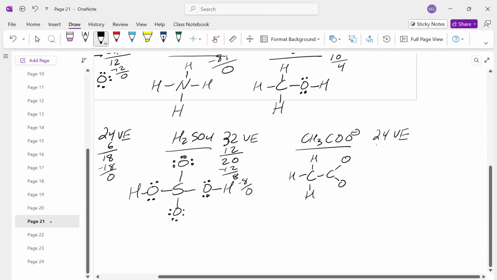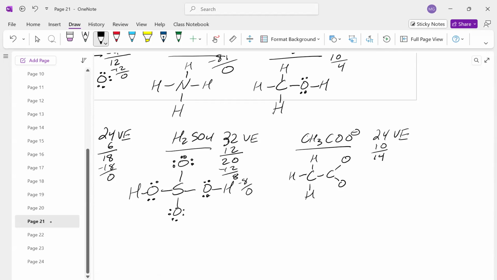Now that takes away 10 electrons. I got 14 more to put down. 1, 2, 3. Actually, no, sorry, miscounted. 12 electrons. And I'm going to put those as lone pairs on the more electronegative atom.